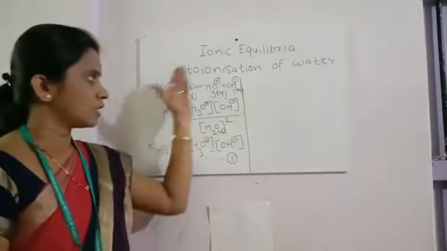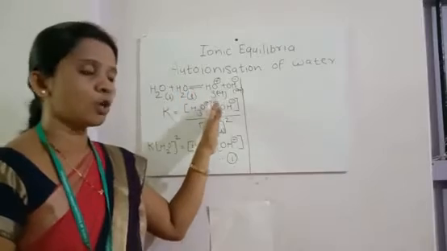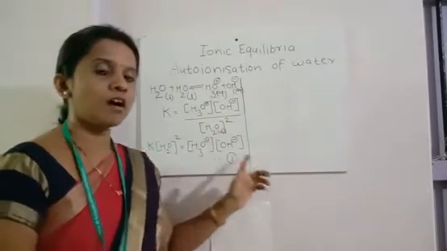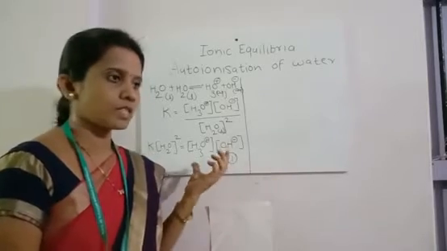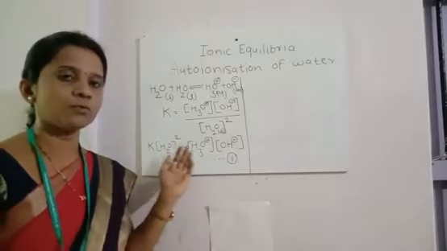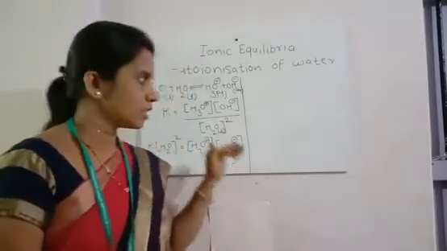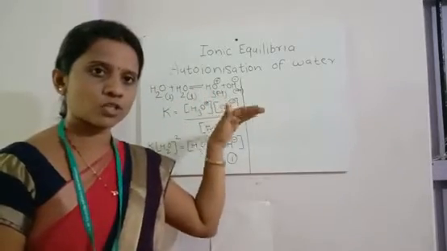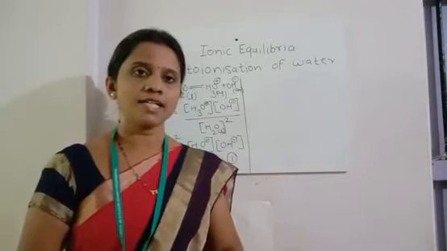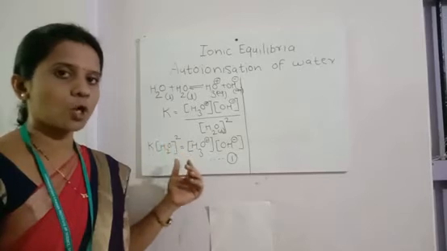Now in this equilibrium reaction, ionization of water, most of the water molecules remain undissociated. That means this concentration of water molecule, we can take it as a constant. What I said, during this ionization reaction, most of the water molecules remain what? Undissociated. So we can take this concentration as constant.